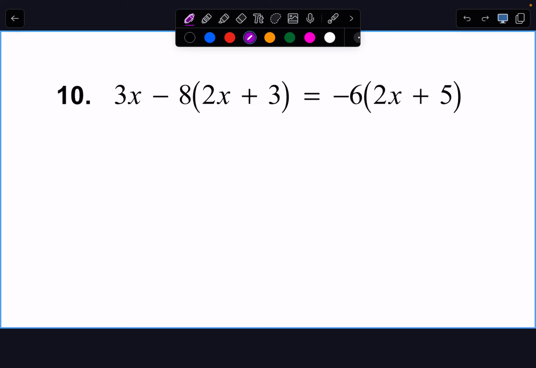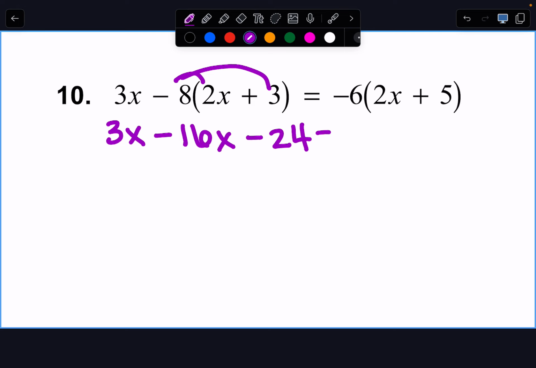So when we distribute for our first step, on the left side, we have 3x minus 16x, but then that negative 8 times 3 is minus 24. And that's a really easy thing for students to mess up because it's easy to forget about the negative 8 times 3 with the sign changes.